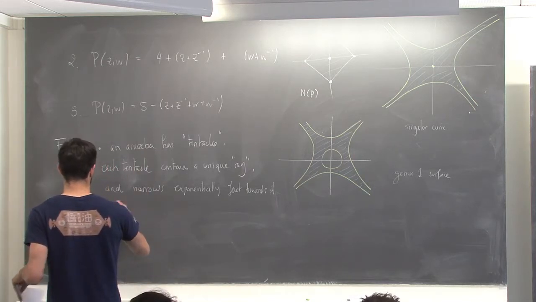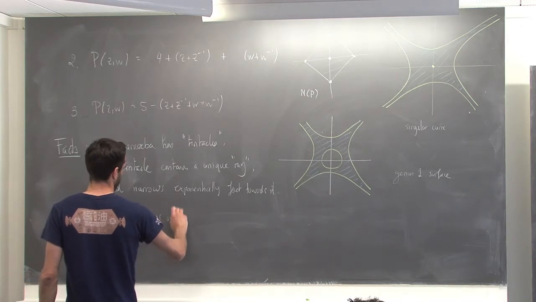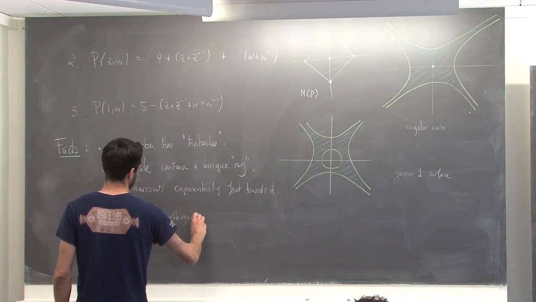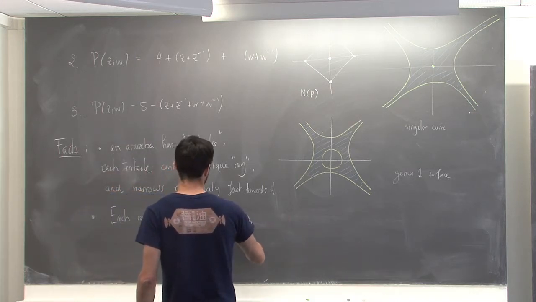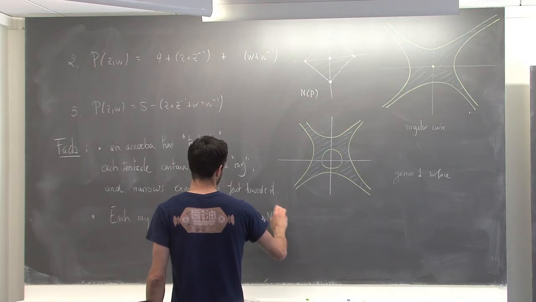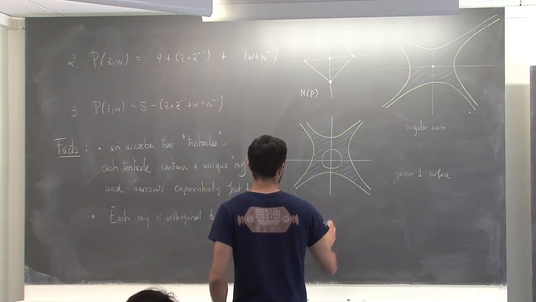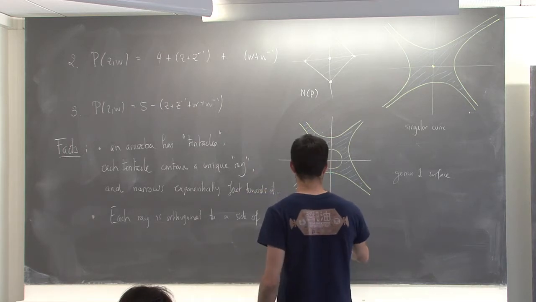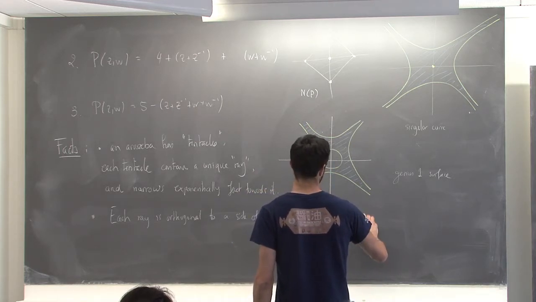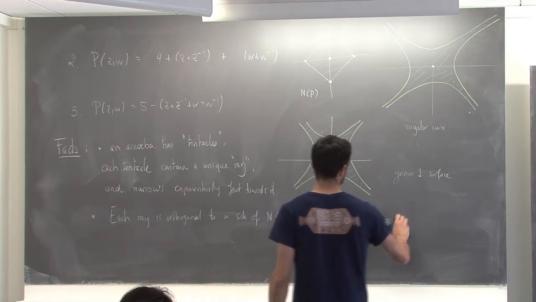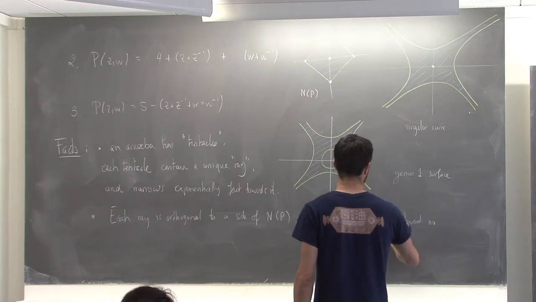So each ray is orthogonal to a side of the Newton polygon and is directed towards an outward normal direction.